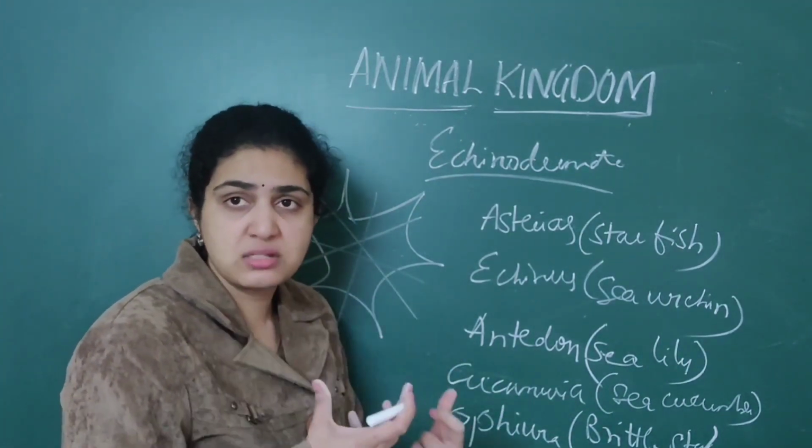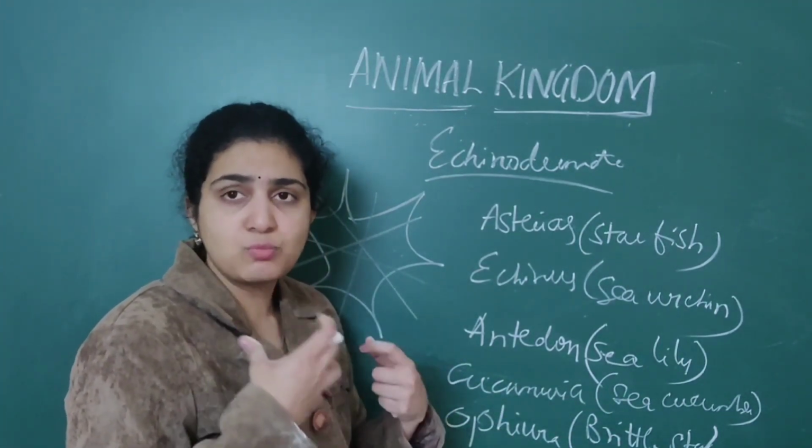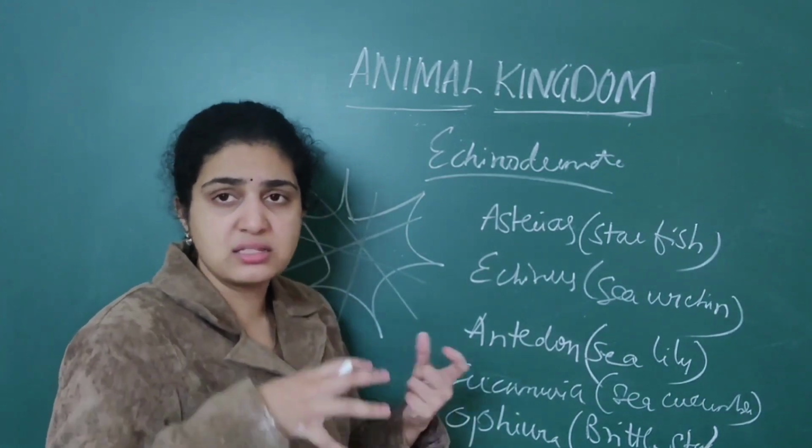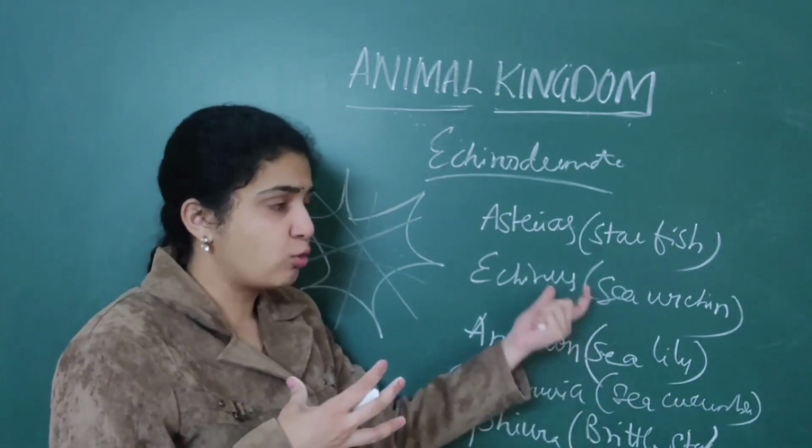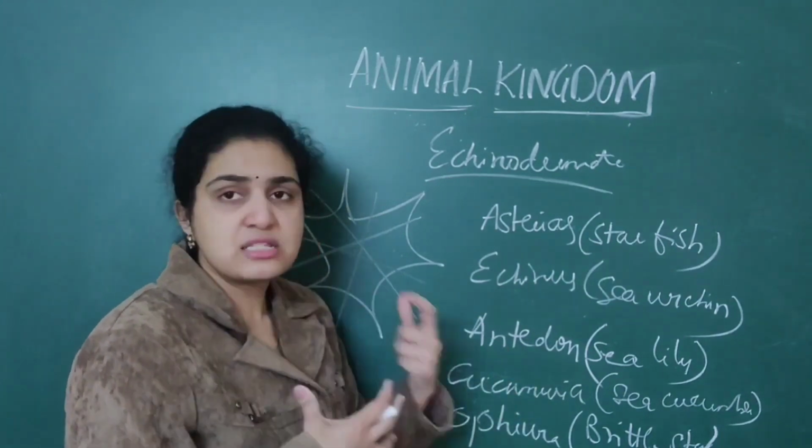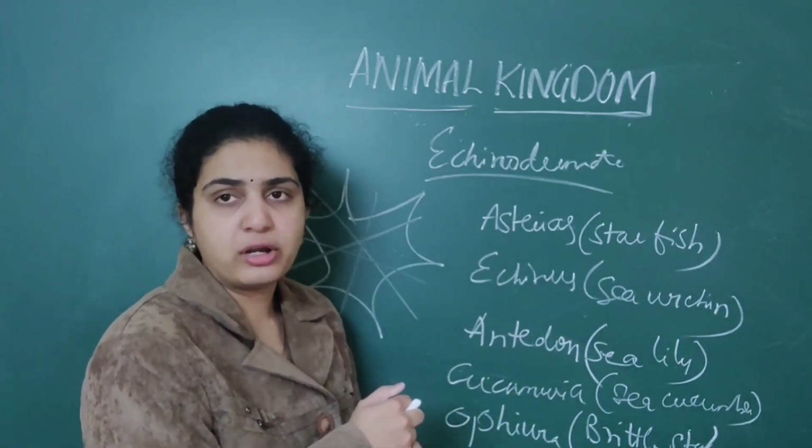Anything related to stars or to sea organisms like sea urchin and sea cucumber will come under the phyla Echinodermata.